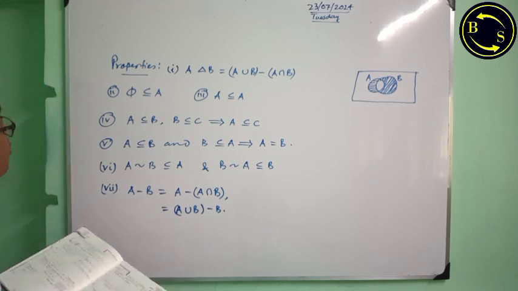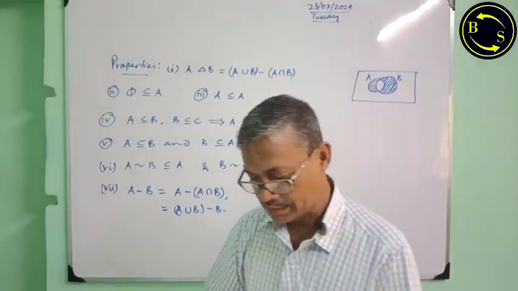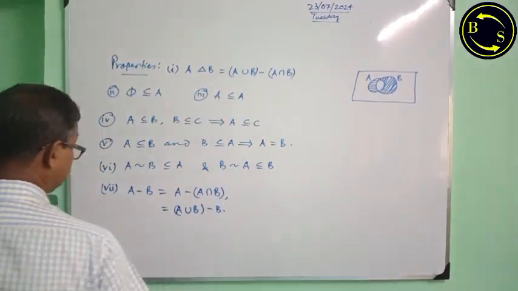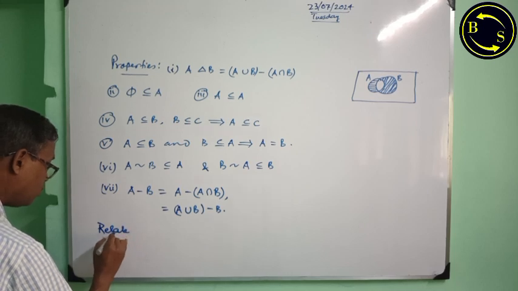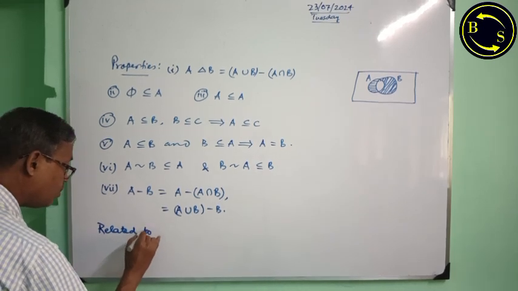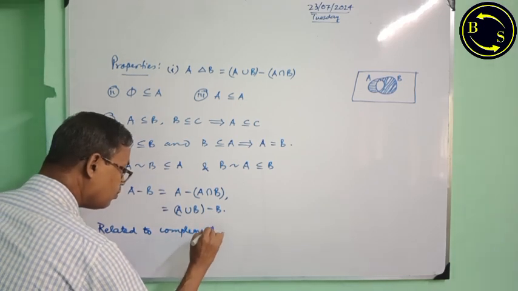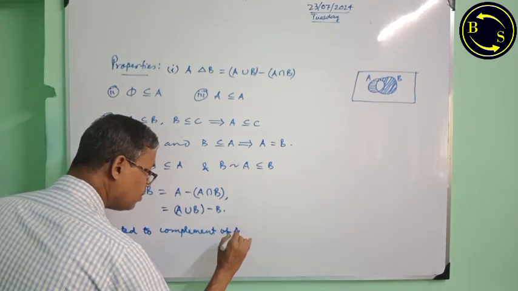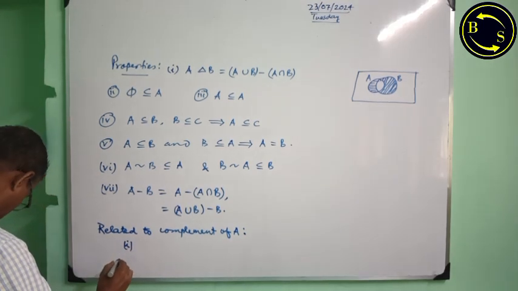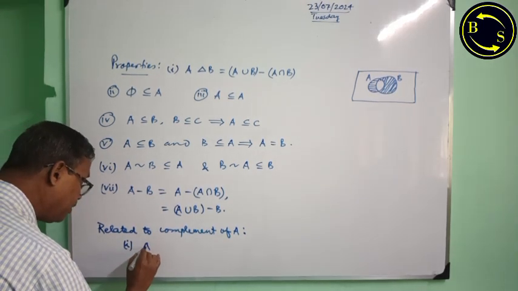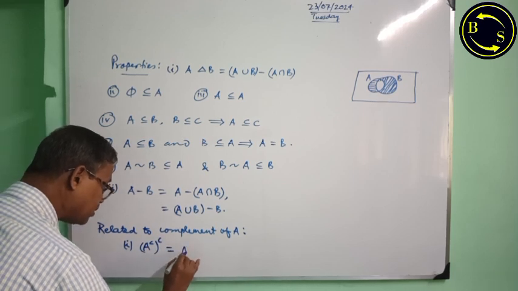And properties or results related to complementation are: Number one, complement of the complement of a set A is the set itself.